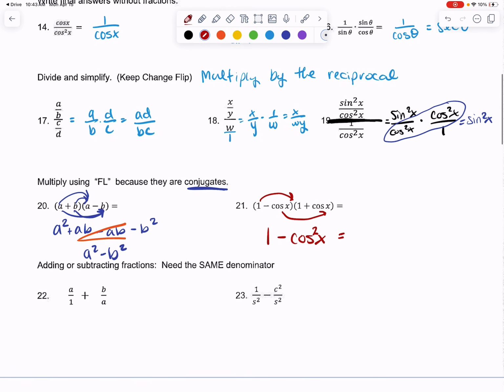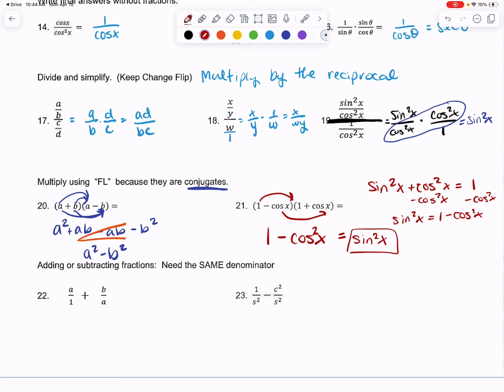We can then use our Pythagorean identity to figure out what 1 minus cosine squared is equal to. I know sine squared plus cosine squared equals 1. So if I subtract cosine squared from both sides, I have that 1 minus cosine squared equals sine squared. So that is my most simplified form of 21.